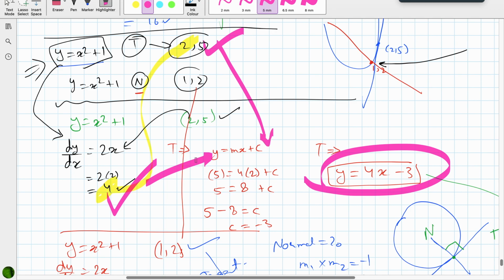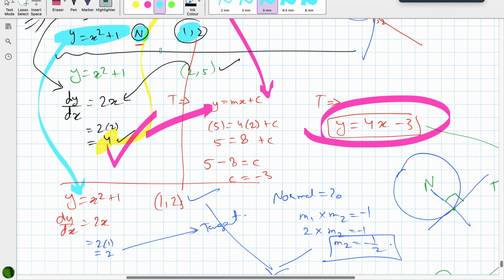Right? Next case, we have the same curve, but we need to find the equation of the normal at 1 comma 2. So using the same curve, differentiating it to find the gradient when x is 1, we found that the gradient is 2. But this is the gradient for the tangent. dy by dx is for the tangent. So what about the normal?